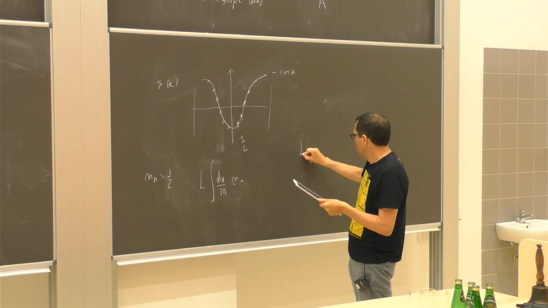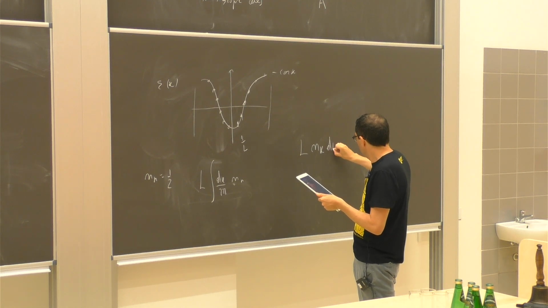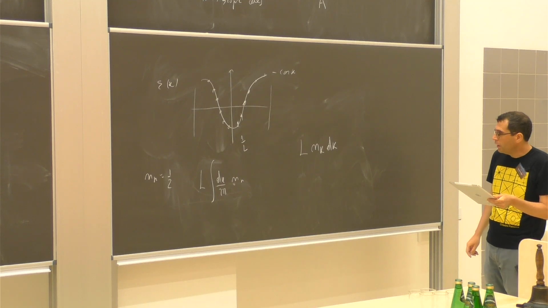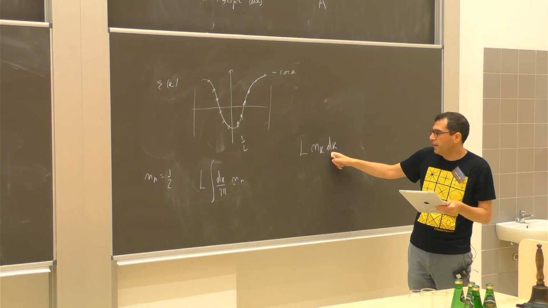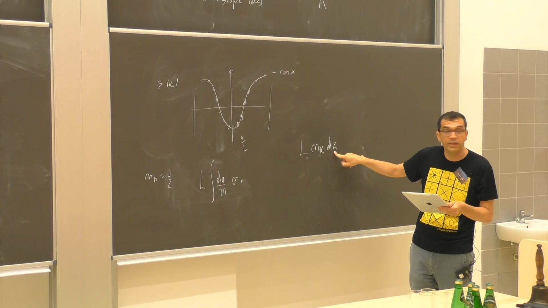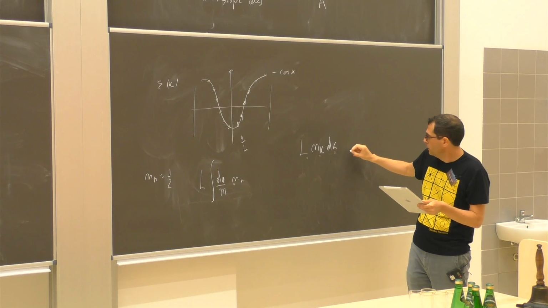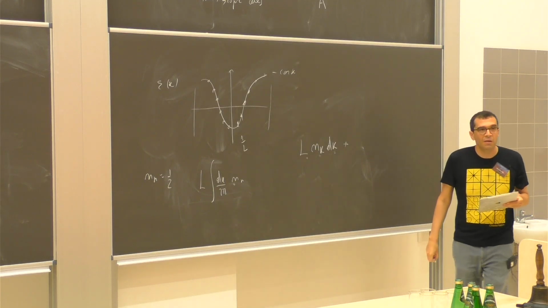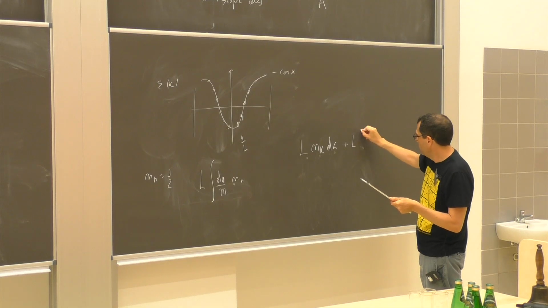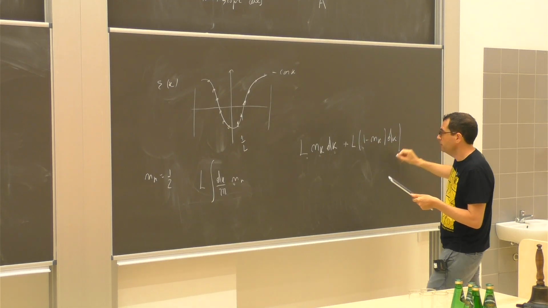The number of occupied modes between k and k plus dk is L n_k dk. The number of unoccupied is just 1 minus that, L times 1 minus n_k dk.